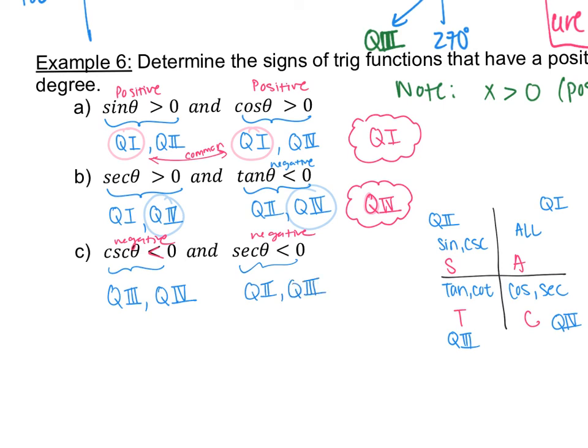And if we look, the two common quadrants are going to be quadrant 3. Both of these have quadrant 3, so our common quadrant here is quadrant 3.